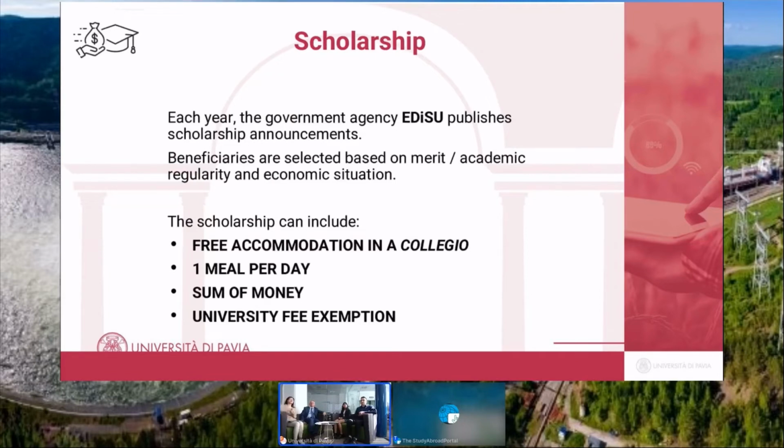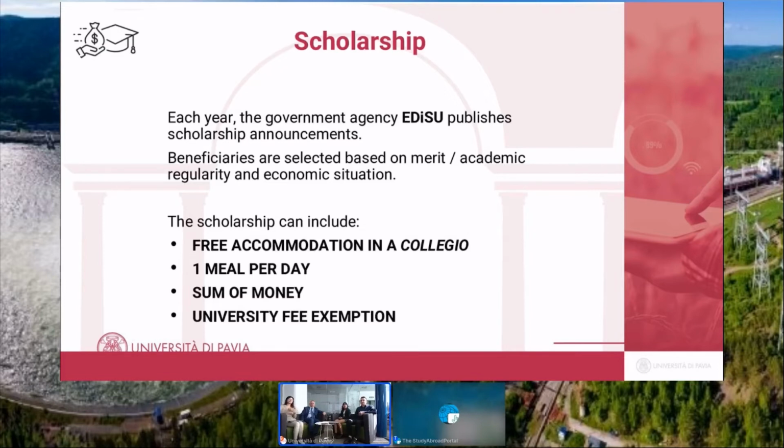So I think another topic which students are very interested in is the scholarship, as Alireza mentioned several times before. Besides the tuition fee, the University of Pavia offers also a very rich scholarship called the EDISU scholarship.